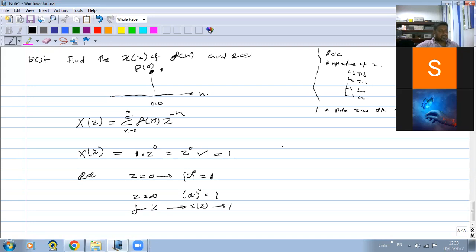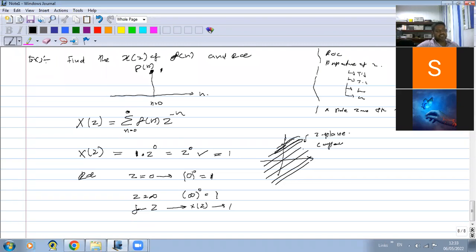So you can see that if you consider this plane, the z plane, or sometimes we call it the complex plane, any value within this z plane can be taken.